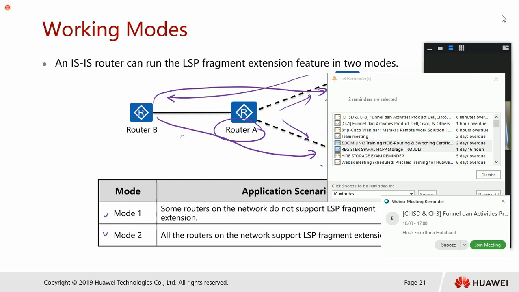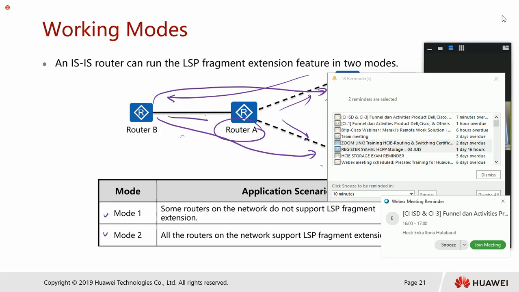So it depends on your environment, whether you use mode 1 or mode 2. Just compare the devices: do they support LSP fragmentation or not? If they do not support it, then you have to use mode 1, and they calculate the SPF up to the virtual system. With mode 2, they just calculate up to the directly connected originating system ID.